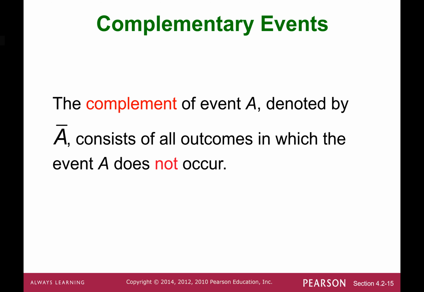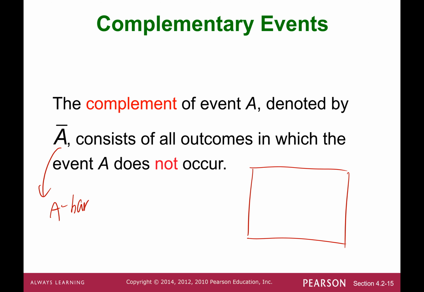Complement event. The complement of event A is known as A bar. It consists of all outcomes in which the event A does not occur. So if you look at this as a sample space, I'm using a Venn diagram.